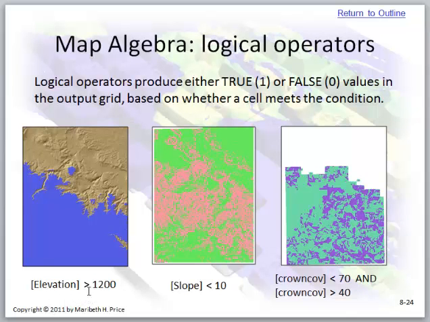Here's an elevation of greater than 1200 where 1 is true and 0 is false. We also take another raster where slope is less than 10, or for example we have crown cover less than 70 and crown cover greater than 40, and then we have a false or a true value that results.